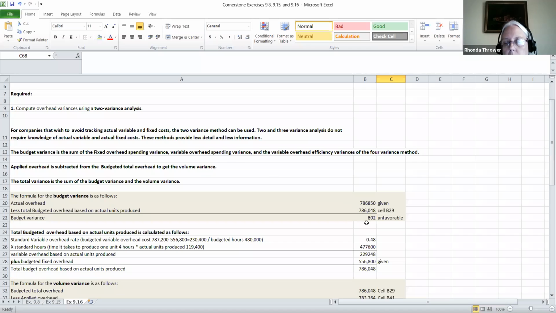When you combine all those together, it gives you the same thing, $802. So it'd probably be a good idea for you to look back at exercise 9:15 to see how they came up with this.